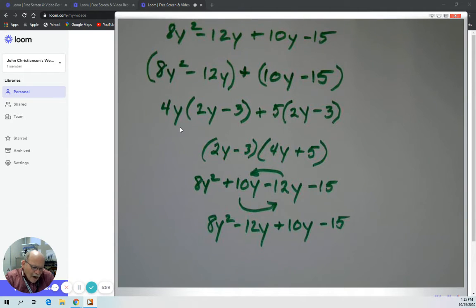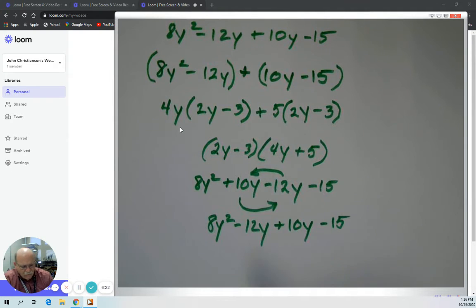Now, would this have worked otherwise if we had grouped things differently? That's a very good question that, actually, I do have a good answer for.